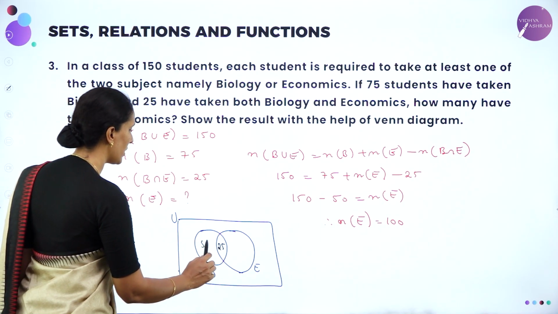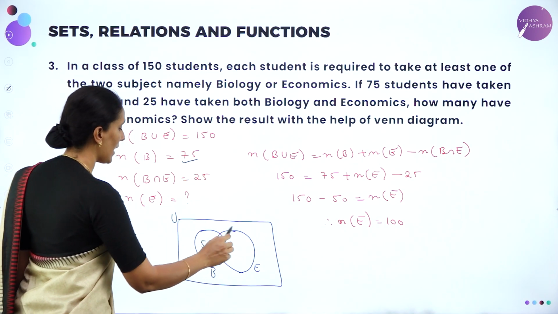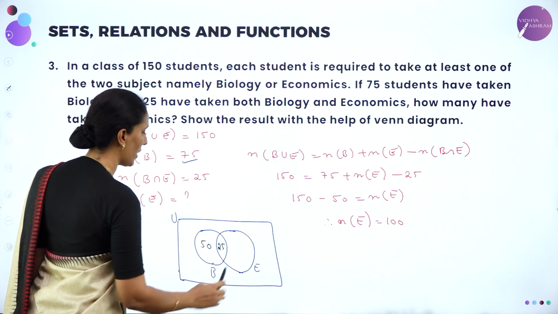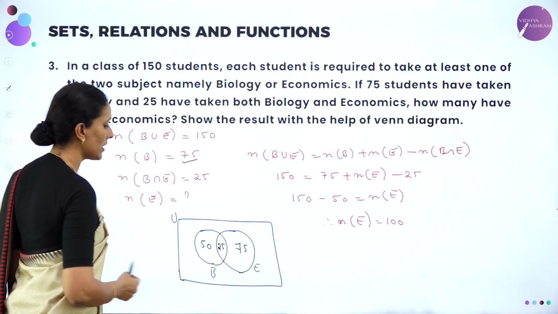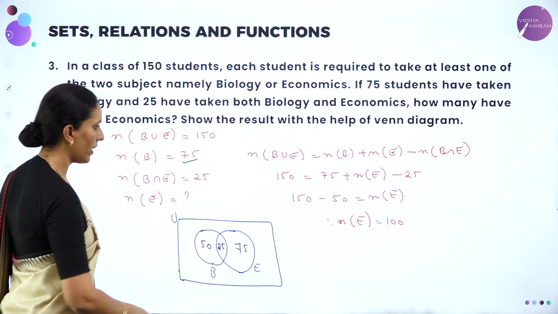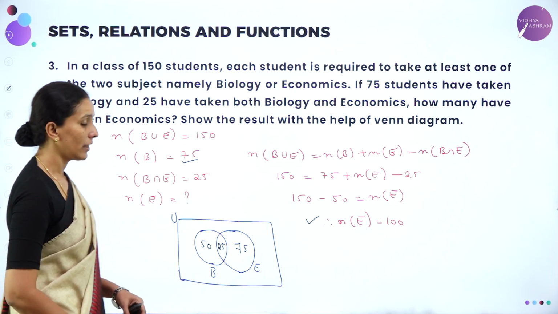So the remaining 50 is written here. So 50 plus 25, 75. Next, economics, we already have 25. So the remaining 75, 75 plus 25, represents 100, the number of people who have taken economics. So this is the Venn diagram.